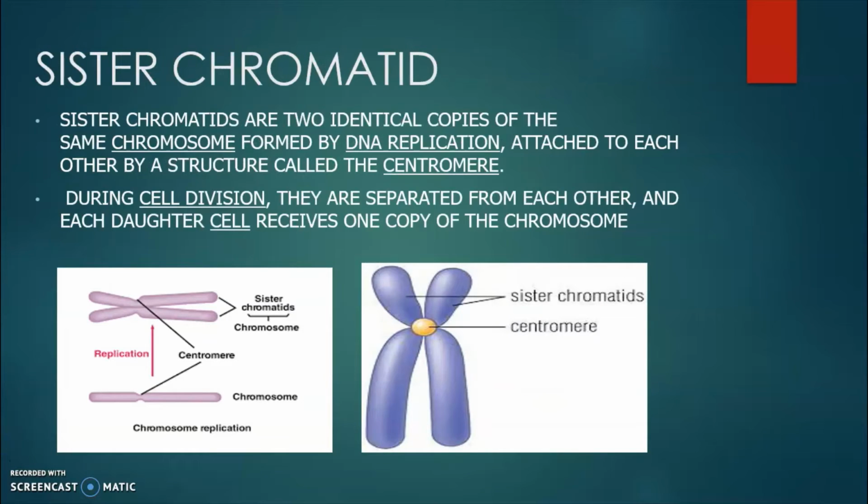Next, sister chromatids. Sister chromatids are two identical copies of the same chromosome formed by DNA replication, attached to each other by a structure called the centromere. During cell division, they are separated from each other and each daughter cell receives one copy of the chromosome.